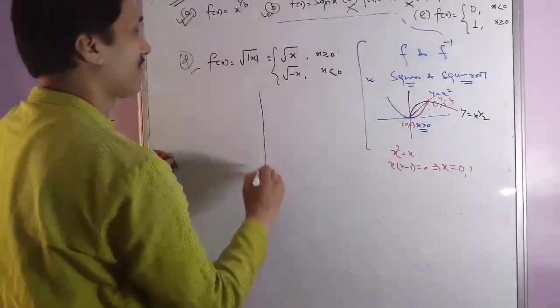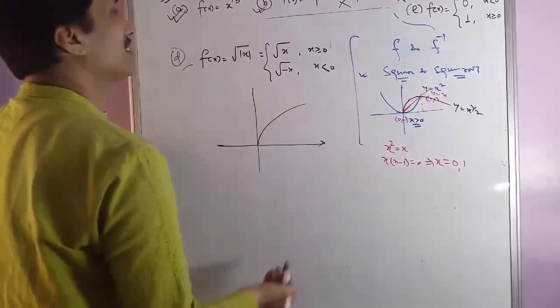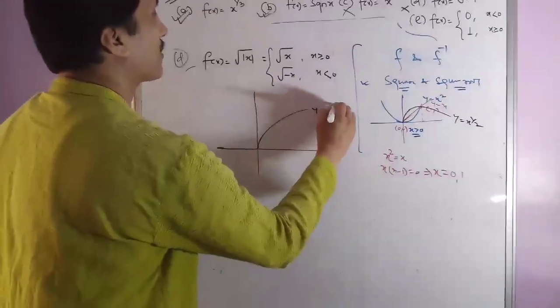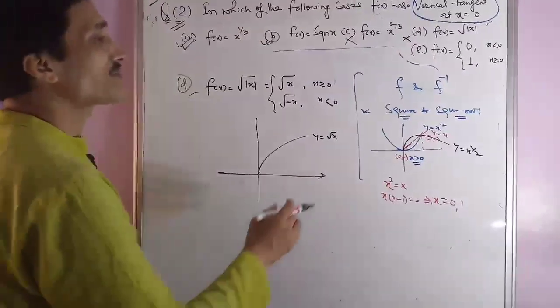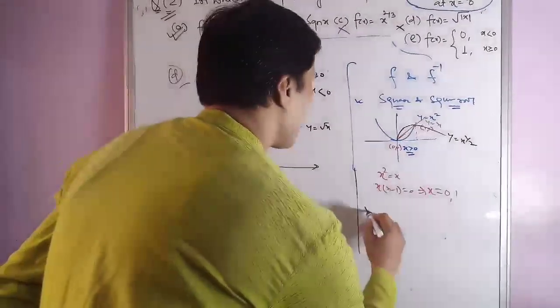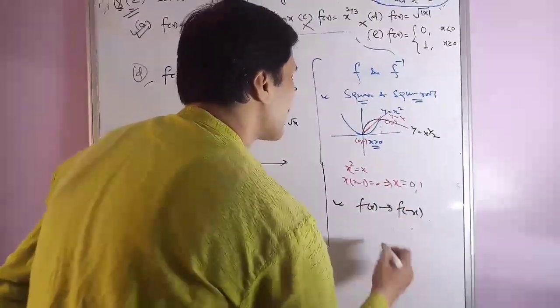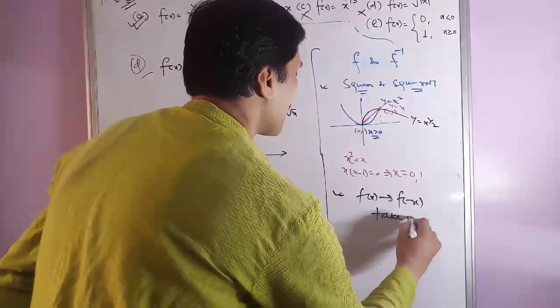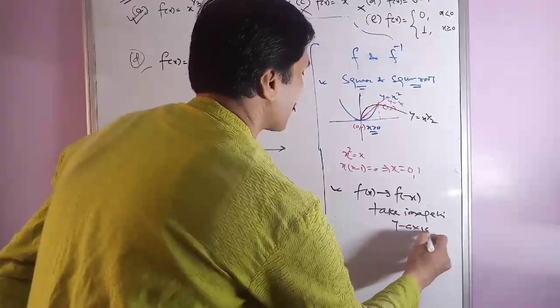So this is the graph of y equal to root x, x greater than or equal to 0. We know f(x) to f(minus x) is the image in the y axis.